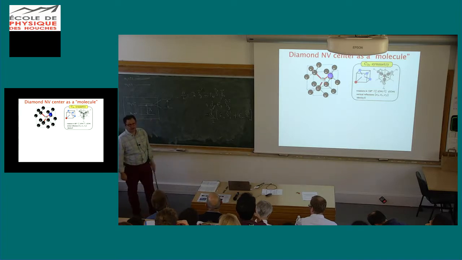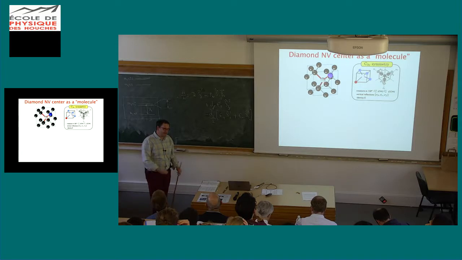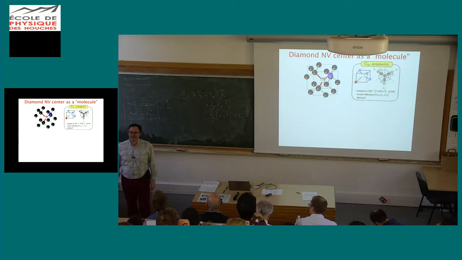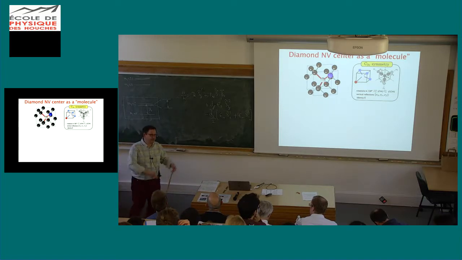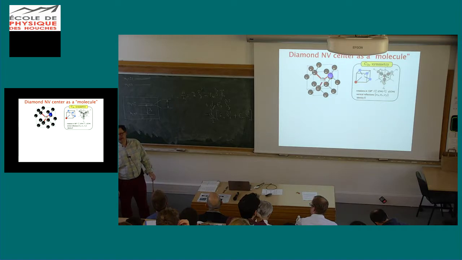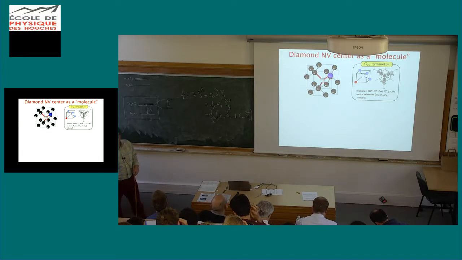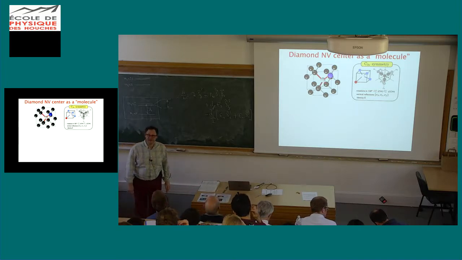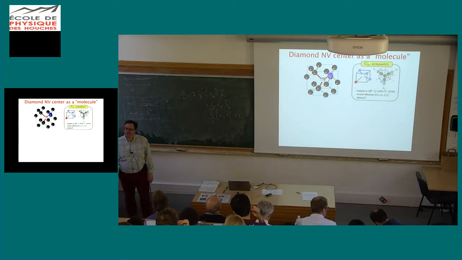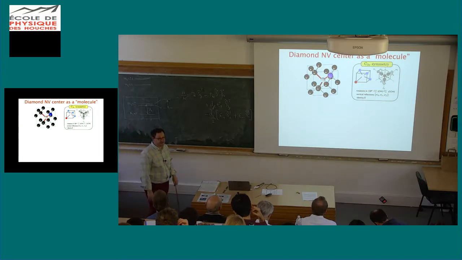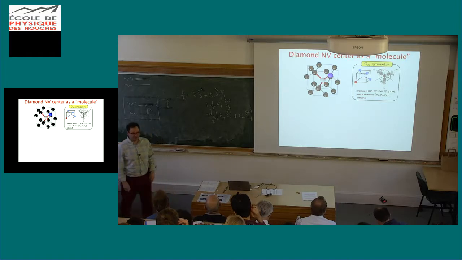There are a lot of people now trying to apply those tools to describe the physics of defects in materials as broad as, for instance, gallium phosphide or all those kinds of systems. It's somehow revisiting the physics of defects, which was a huge field of solid-state physics in the 60s, with the new eye of single defects and their atomic-like properties.